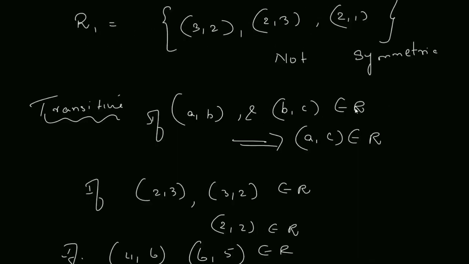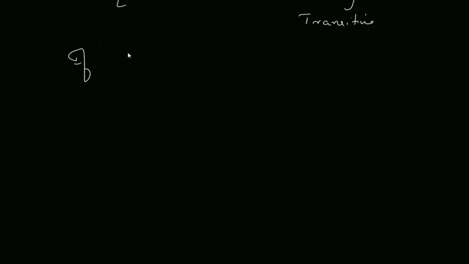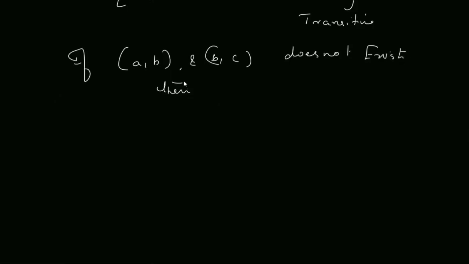If (a, b) and (b, c) belong to R, and if this condition doesn't exist, then even then the relation is taken as transitive.